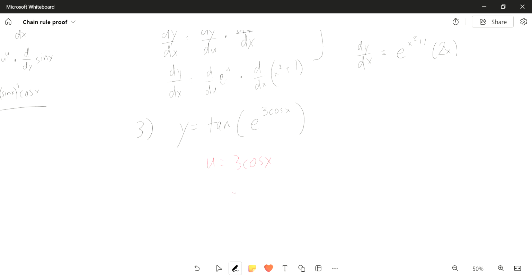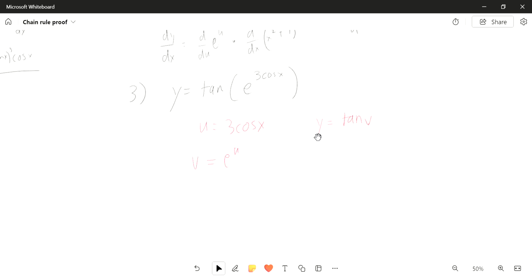And that means that this function is equal to e to the power of u. But then even that's not the outermost function, so that's not equal to y. So we'll put that equal to some other variable v. And so that means we get tangent v. And since that's on the outside, we'll set that equal to y.